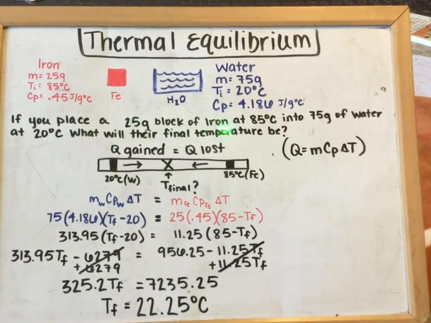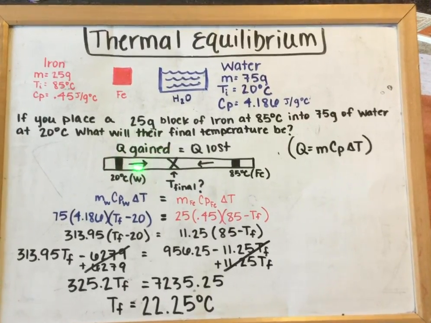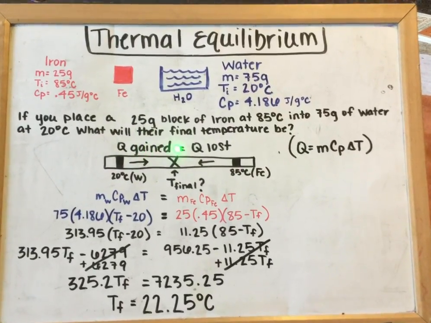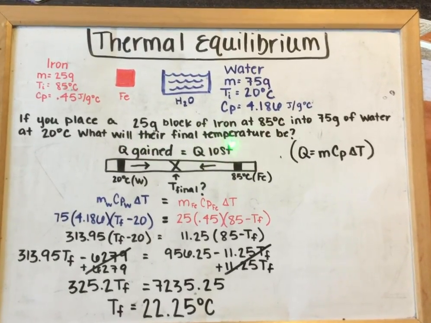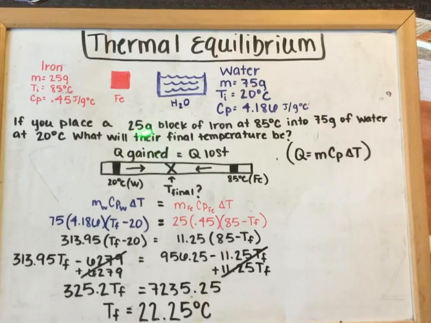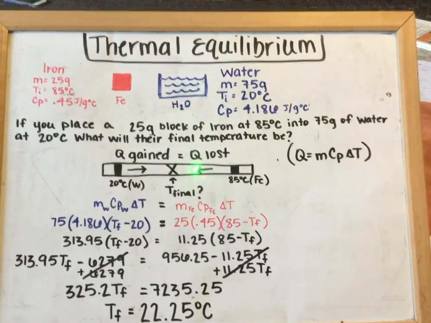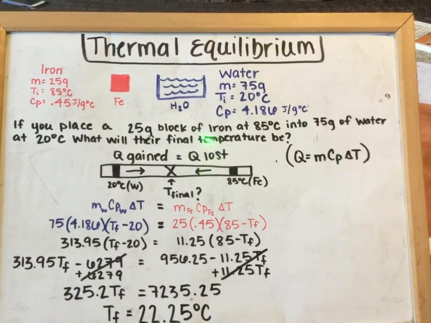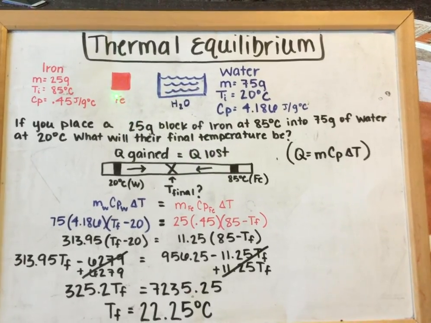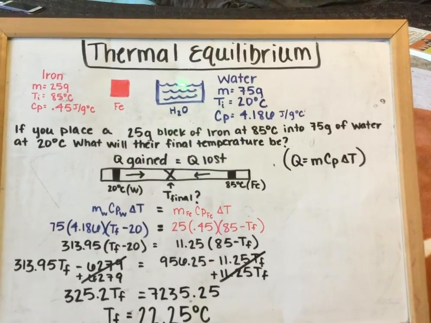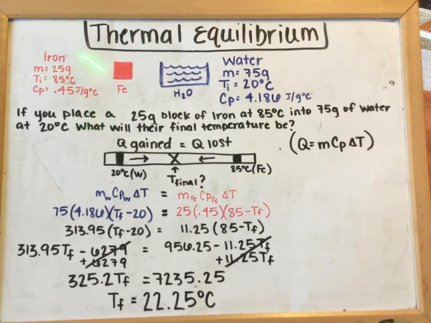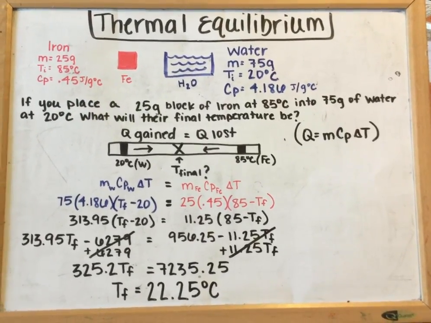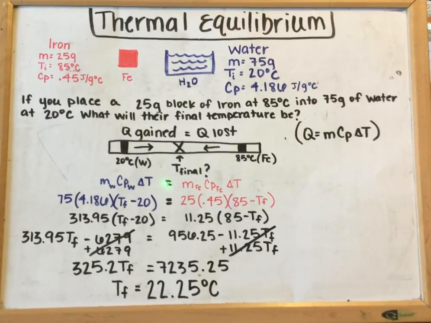Okay, so here we know that the heat gained by one substance is going to equal the heat lost, or gained plus lost equals 0. However much heat this water gains is going to be equal to the amount of heat energy that the iron lost. We know the water is going to increase in temperature, so it's going to gain thermal energy. The iron is going to decrease in temperature, so it's going to lose thermal energy.